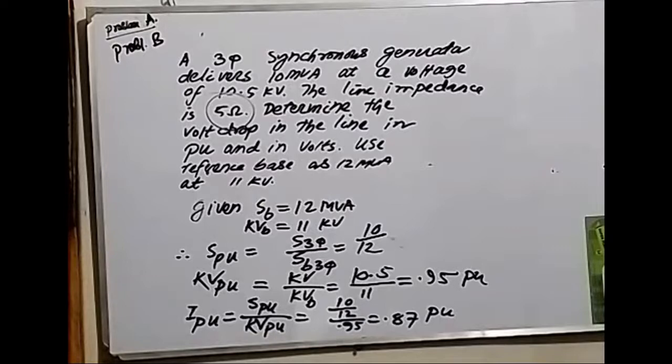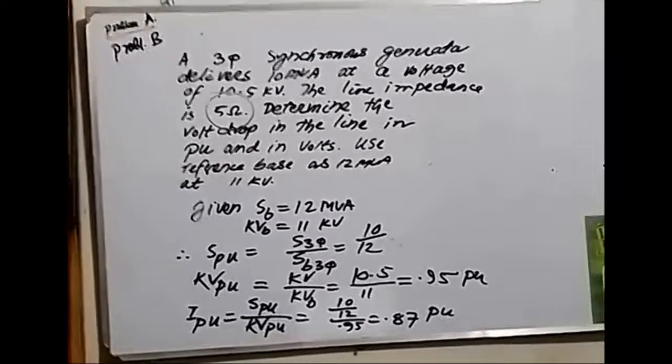Understand? We have not divided 10 by 12 to get 0.83, because MVA is a big figure. It is better to keep 10 by 12. Now KV per unit is actual KV divided by base KV.